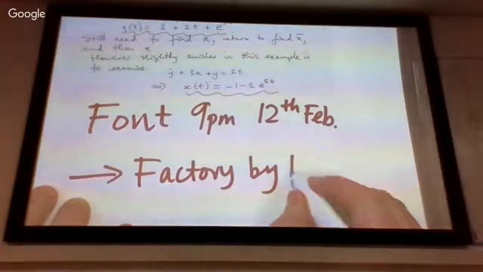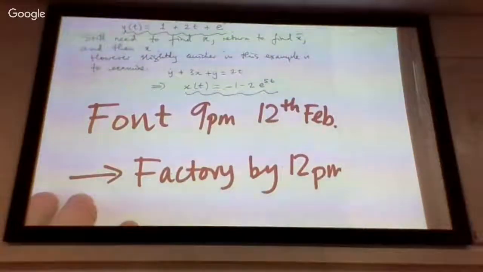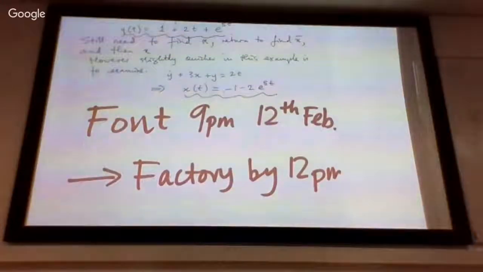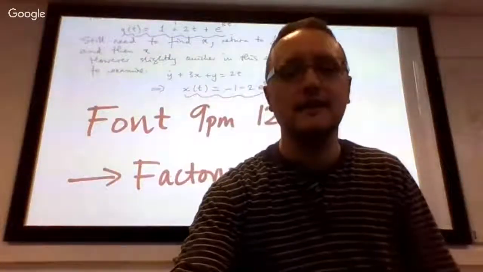The one by the bridge, by the train station, nearby Font, over the road. So you want to meet in Font first and then go to Factory for a drink? No, Factory's a nightclub. At midnight. I'll be getting up by then for the next day. Is it Friday? Okay, thanks, Callum.